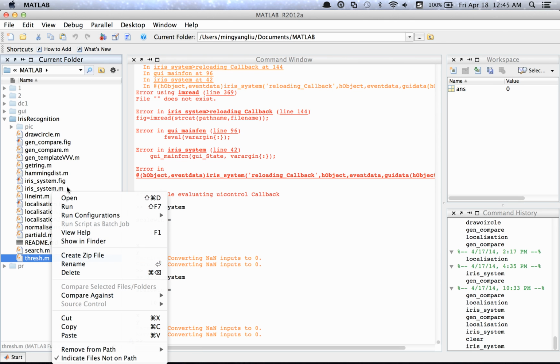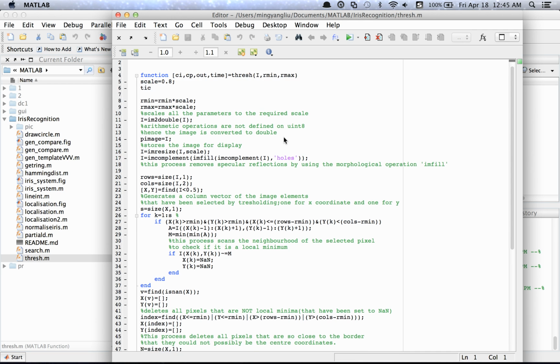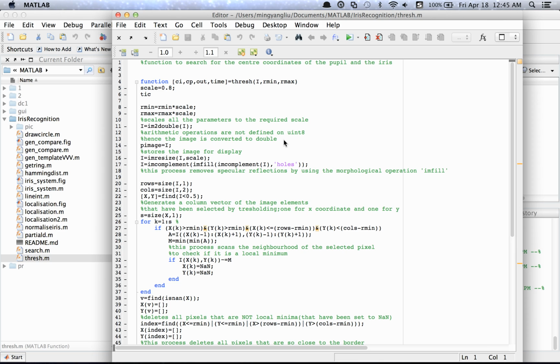Then the last one is the thresh function. This is a little complicated, but it's just a function to realize the famous Kramers and Wales algorithm to locate the iris in the pupil area. It is used to search for the central coordinates of the pupil and the iris along with their radius. It makes use of the Kramers-Wales method to select a possible central coordinate first.